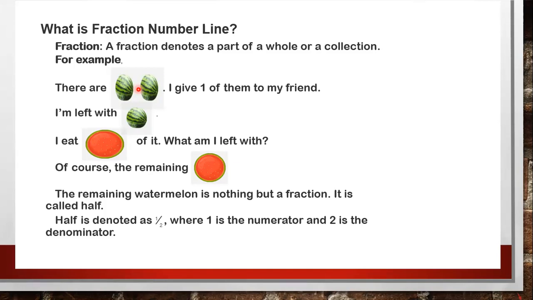There are 2 watermelons. And then I give 1 to my friend. So, how many are left? 1. And then, in that 1 watermelon, you eat 1/2. You divide it into 2.